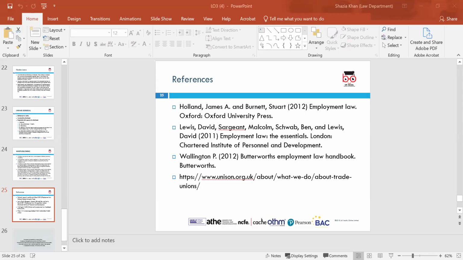We've looked at the ACAS arbitration scheme, the legal consequences, and given you examples of unfair treatment as well. We've also looked at wrongful dismissal, defences, garden leave and unfair dismissal. So we've looked at a huge amount of legislation around employment law.